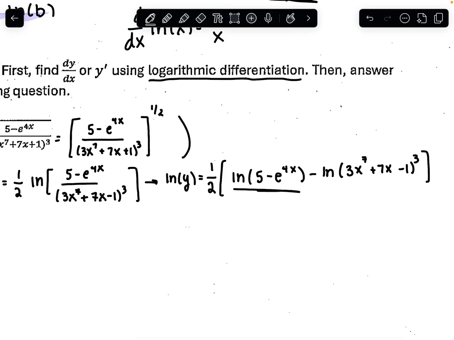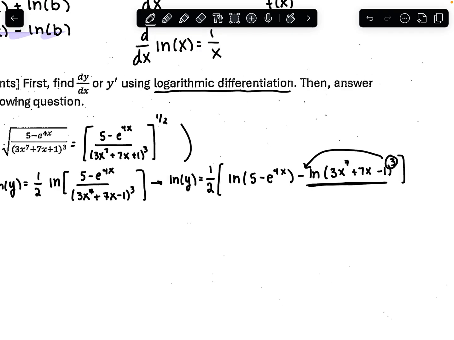There's nothing we can do here yet because all we have is subtraction. We have multiplication, division, and exponent rules. We don't have anything for subtraction, so we're going to leave that there. This guy, though, I have an exponent, so we can bring that down in front.